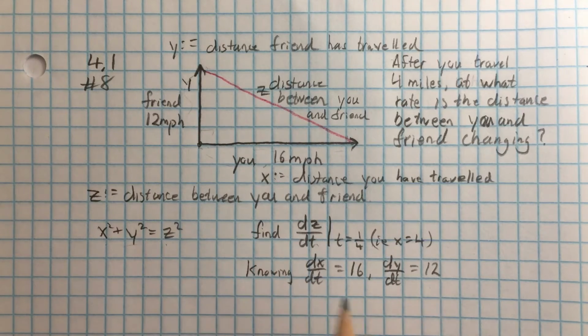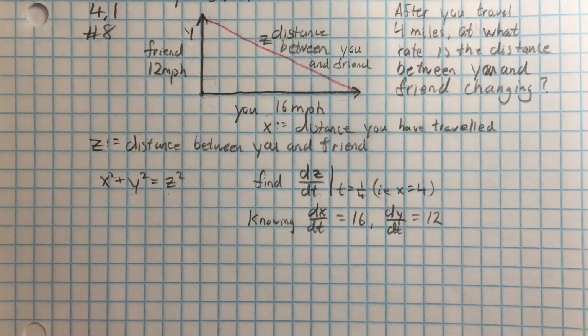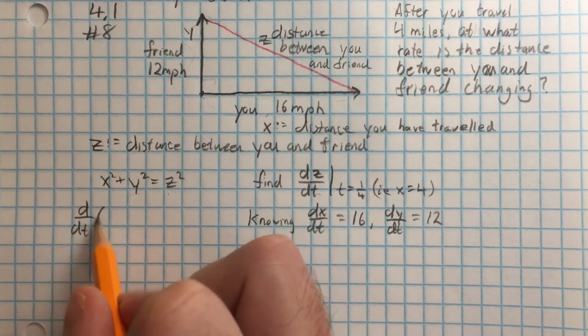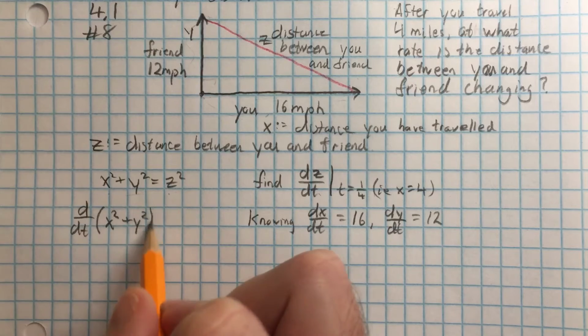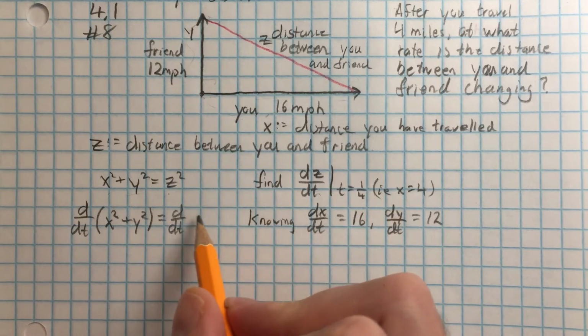So taking the derivative of both sides is looking like implicit differentiation here. So I'll take d/dt on both sides, where I'm viewing every single variable as dependent upon time.